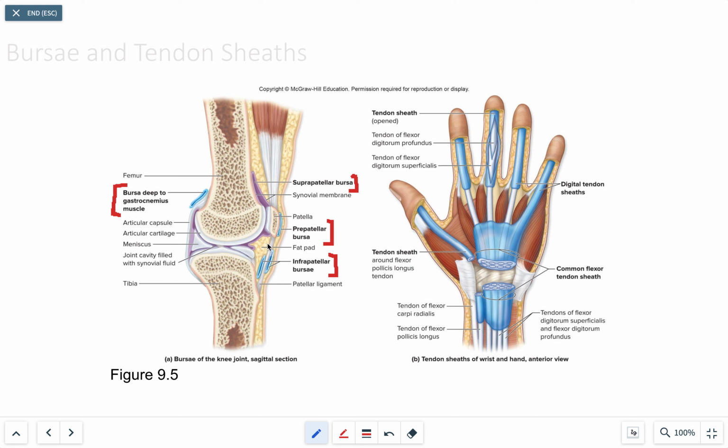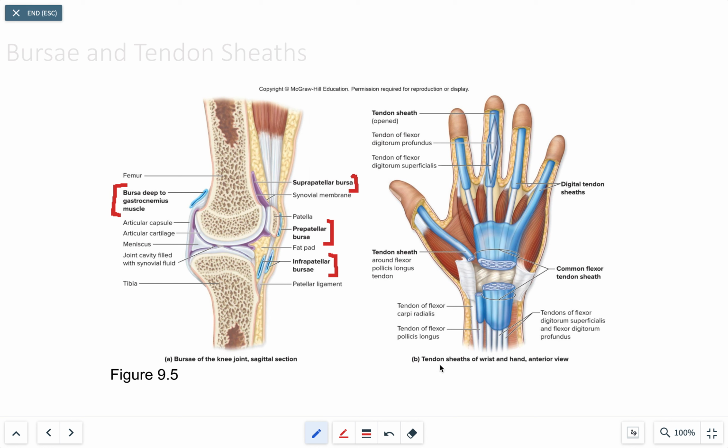We also see it down in the patellar retinaculum, called an infrapatellar bursa, and we also see it located in the proximal surface of the femur, called the suprapatellar bursa. But their main job is to make sure that we have frictionless movement between all of these moving parts in the synovial joint.